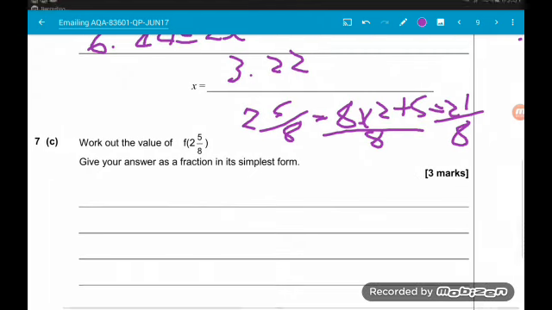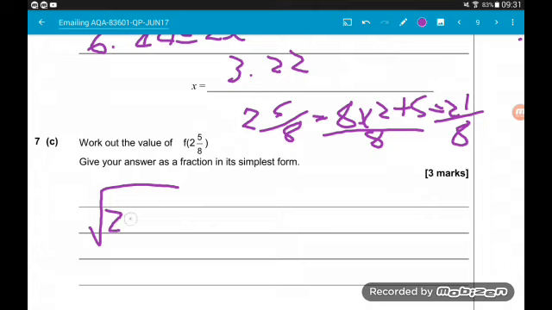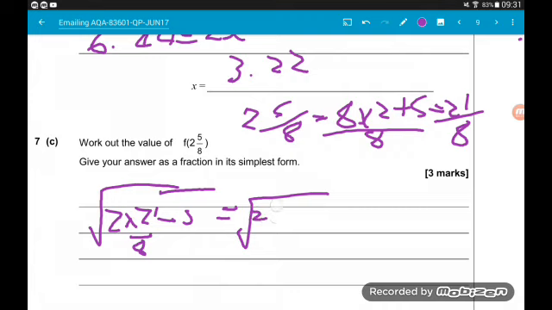Okay, so then we're going to get the square root of 2 times 21 over 8 minus 5. That 2 times 21 over 8 is 21 over 4.